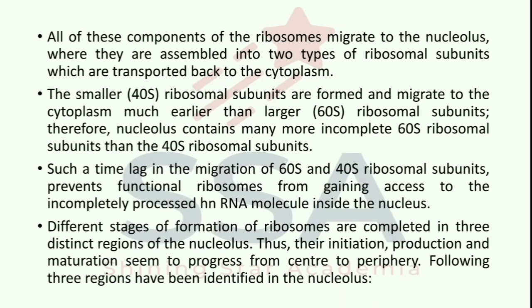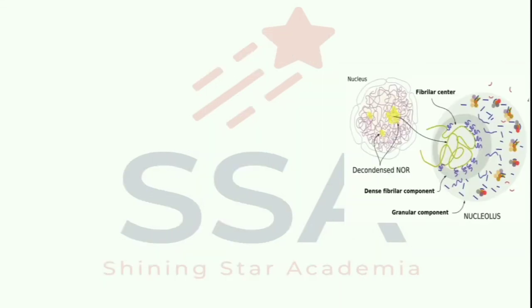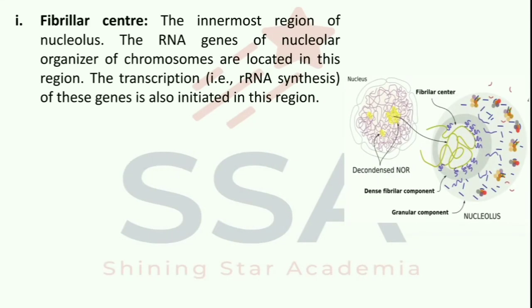Following 3 regions have been identified in the nucleolus. First is fibrillar center, the innermost region of the nucleolus. The RNA genes of nucleolar organizer of chromosomes are located in this region. The transcription, that is rRNA synthesis of these genes, is also initiated in this region.